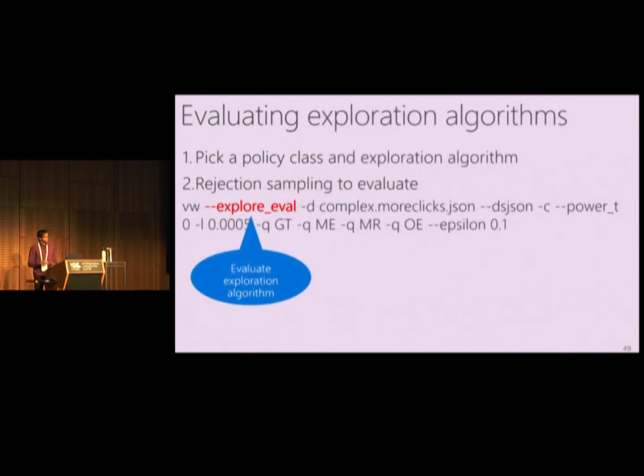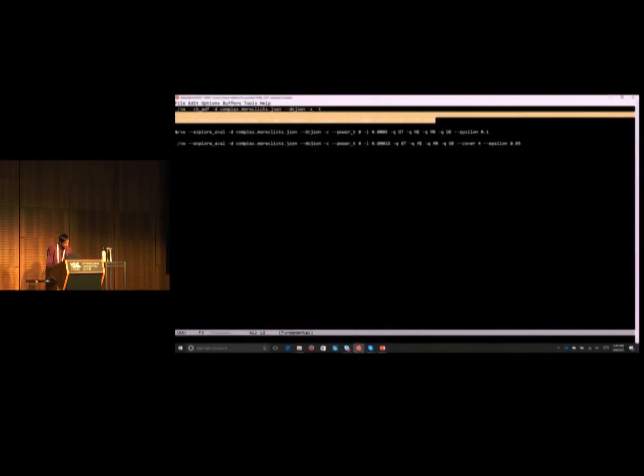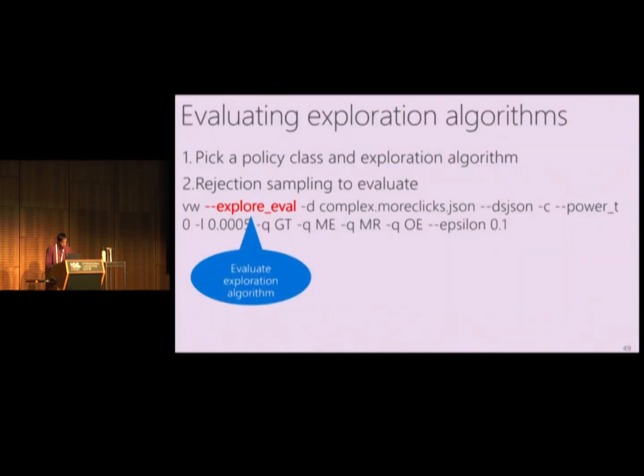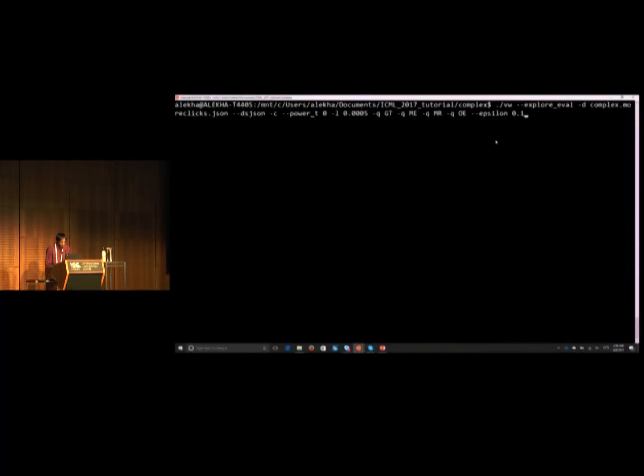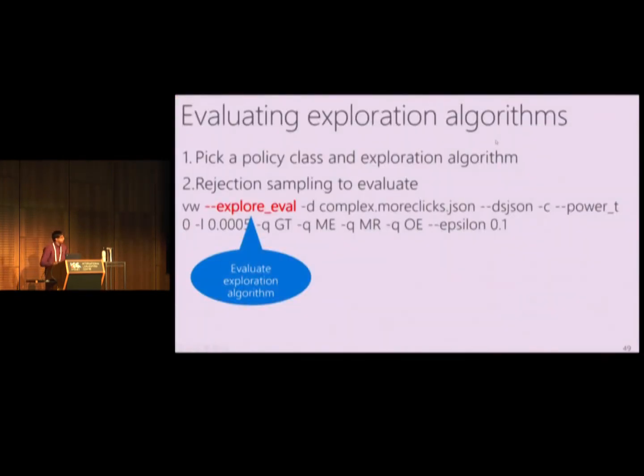The second thing we could do is, we talked about evaluating exploration algorithms using rejection sampling type techniques. So we could do exactly that. I'm going to, once again, start that evaluation. Okay, so let's come back to this.